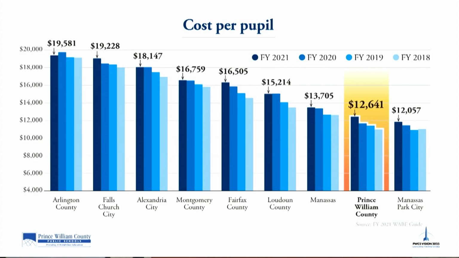When we think about the diversity of our school division and the needs of our students, one of our biggest challenges is funding. Currently, PWCS has one of the lowest costs per pupil in the DC region, coming in only second from the bottom at $12,641 per pupil. This is a $3,000 difference per pupil in comparison to Loudoun, and a whopping $7,000 per pupil in comparison to Arlington.